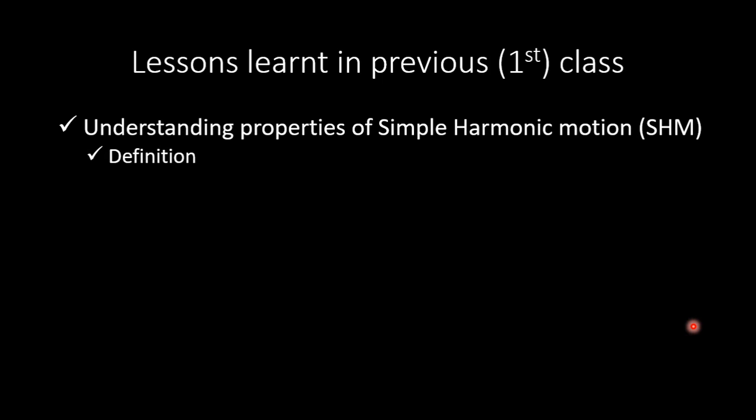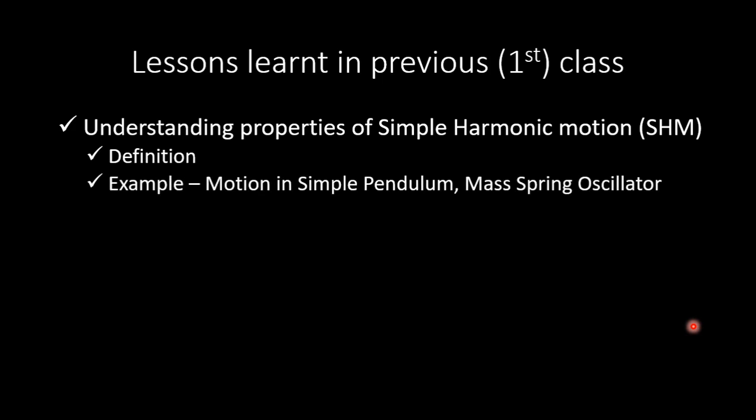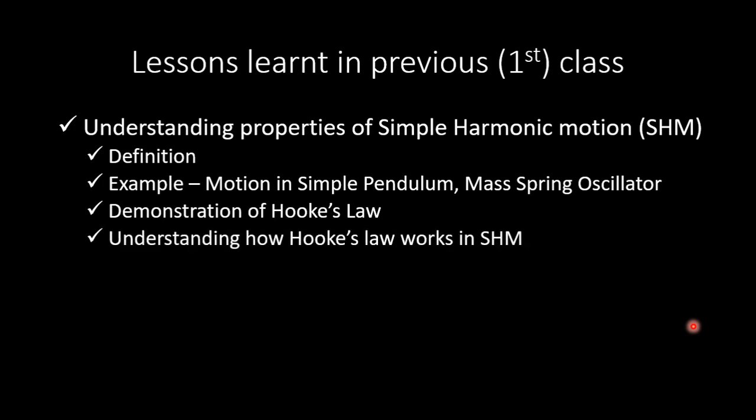At first, we provided a simple definition, then we provided an advanced definition. As examples of simple harmonic motion, we can name the simple pendulum or the mass spring oscillator. We demonstrated Hooke's law, and we also understood how Hooke's law works to explain simple harmonic motion.